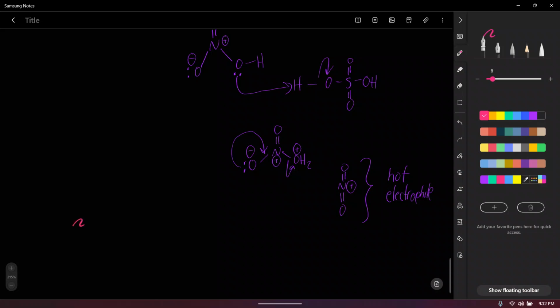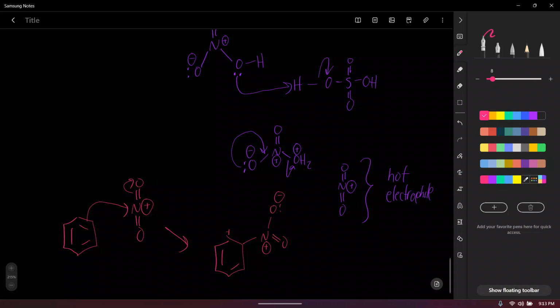Alright, step 2. Hopefully you guys are getting good at this by now. Step 2 is benzene attacks the hot electrophile. Okay.